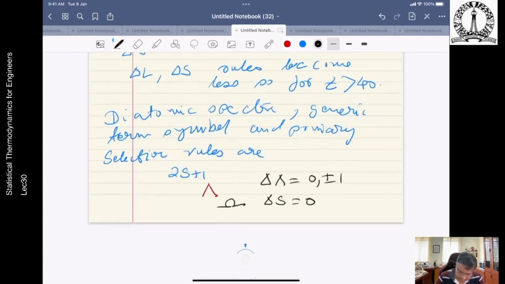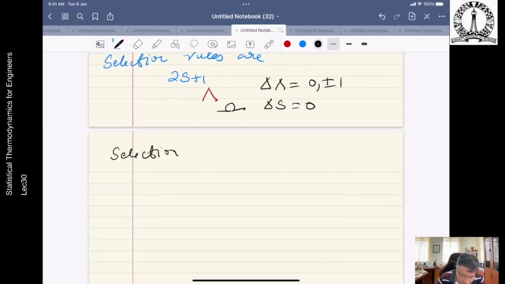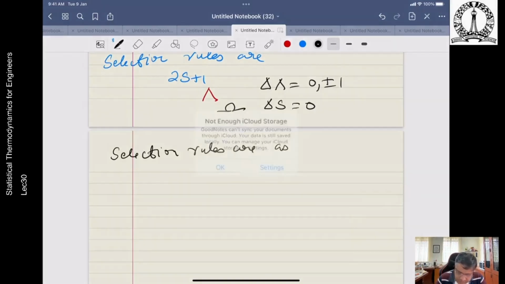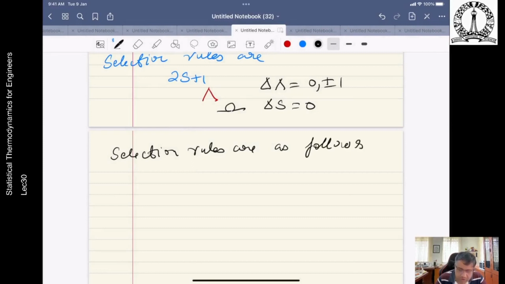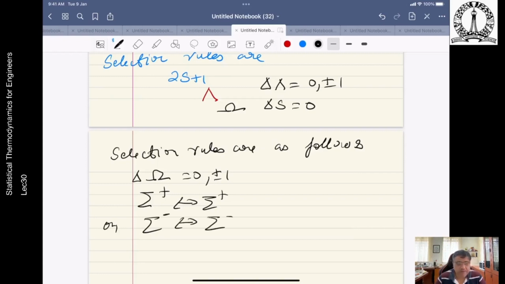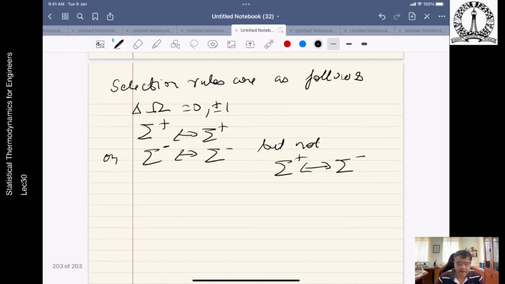Selection rules when needed are as follows, but not for homonuclear diatomics.